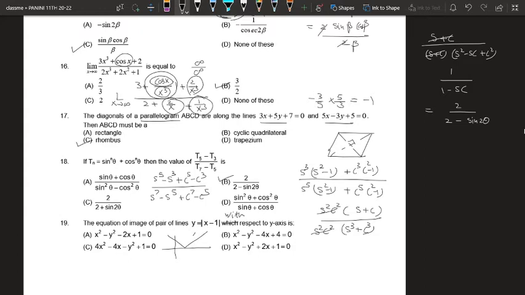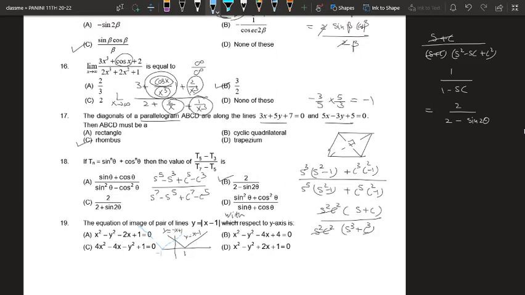This line is y equals x minus 1, and this line is y equals minus x plus 1, and this point is 1 comma 0. Now if we take the image of these two lines in the y-axis, the image would be like this, I think.